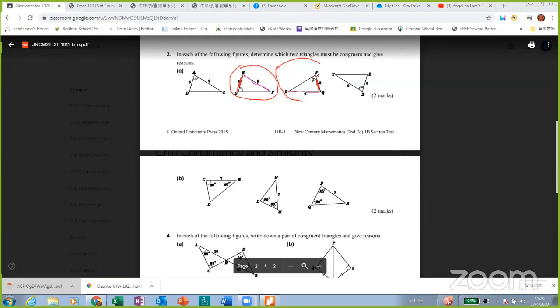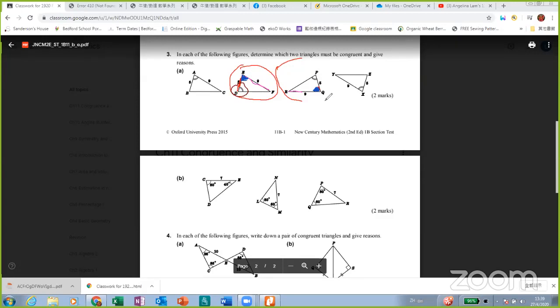Therefore in this case, it seems that I have a pair of angles, right? But there's a problem if I don't know these two. This one is just similar to 2C.